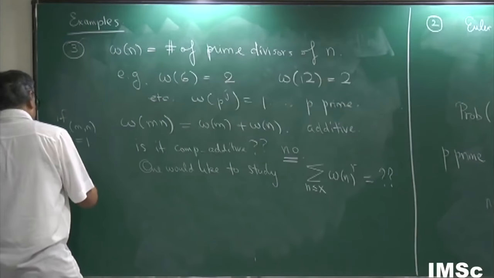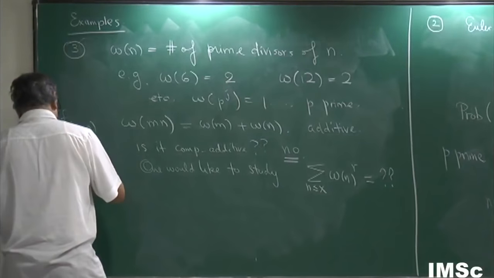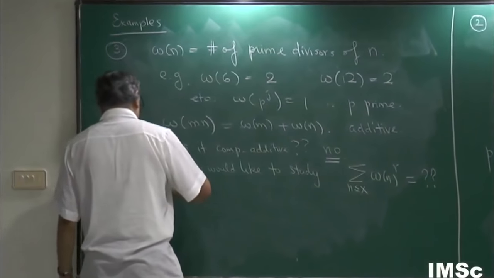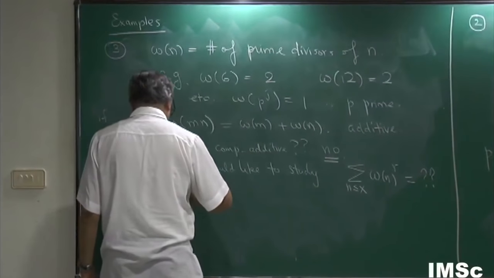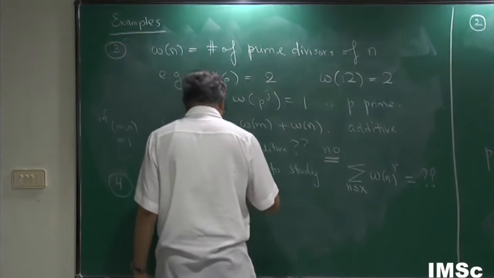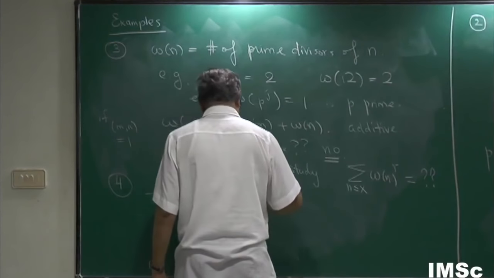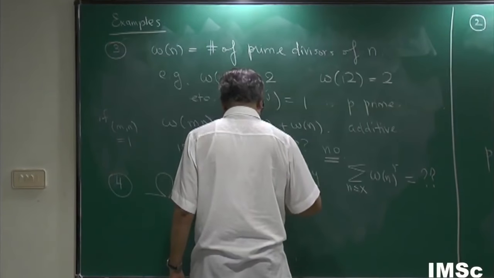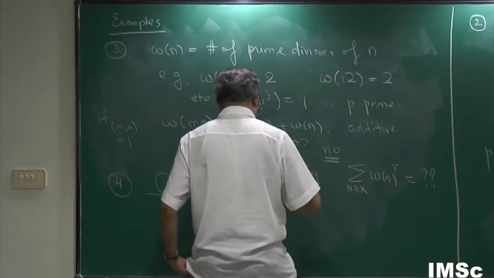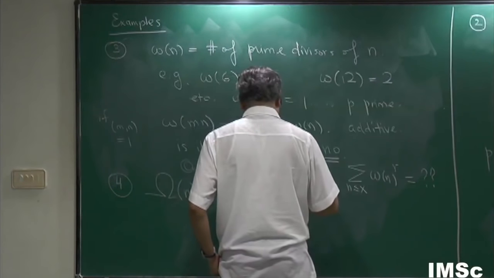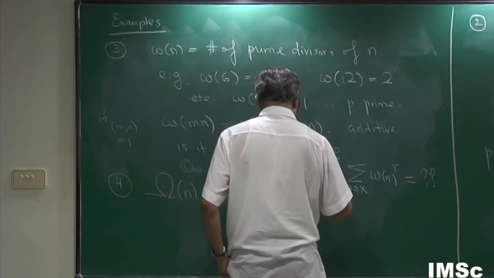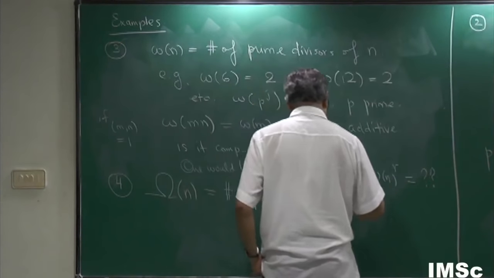Let me give an example of a completely additive function. Capital omega of n is the number of prime divisors counted with multiplicity.